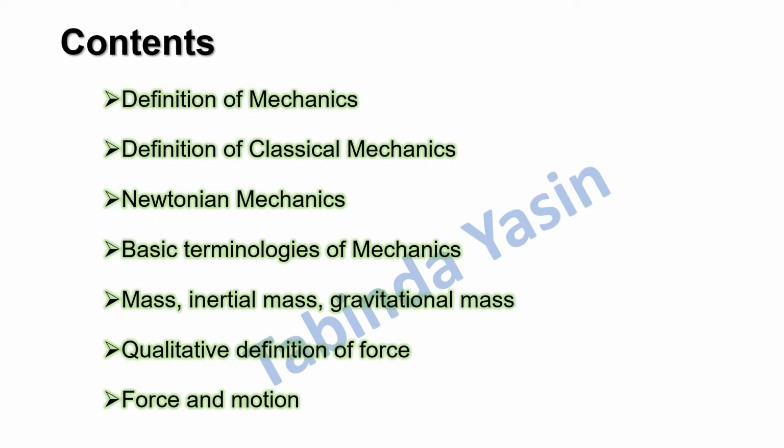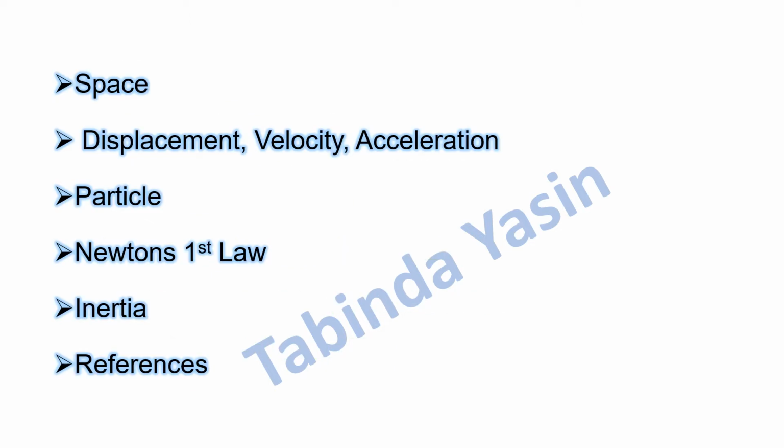So we will discuss the definition of force. Further, force has a relation with motion, meaning that if there is any external force present, then the object will move, and without any external force the object cannot move. Then in classical mechanics we will discuss what space is, and we will find the relation of force with displacement, velocity, and acceleration, which have an effect on each other.